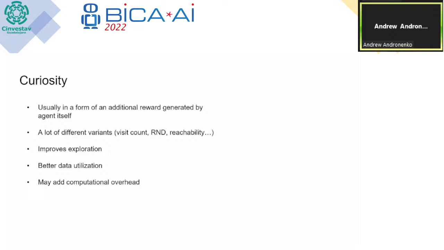Or there are other variants, like estimating the reachability of states, or predicting a random network's output on these states to give an additional reward. It was shown that curiosity mechanisms help improve exploration and utilize data better, because the agent will pay more attention to those interesting states. But different implementations might add computational overhead.